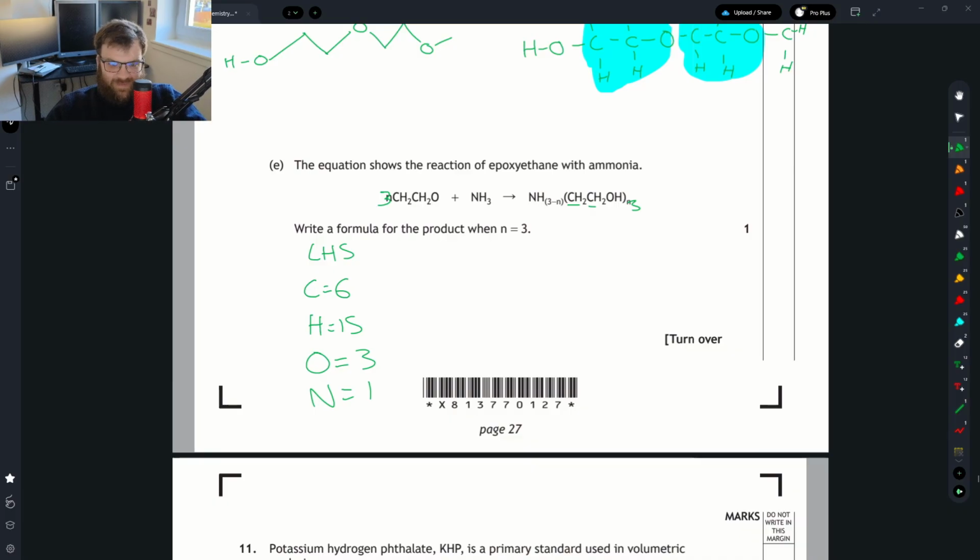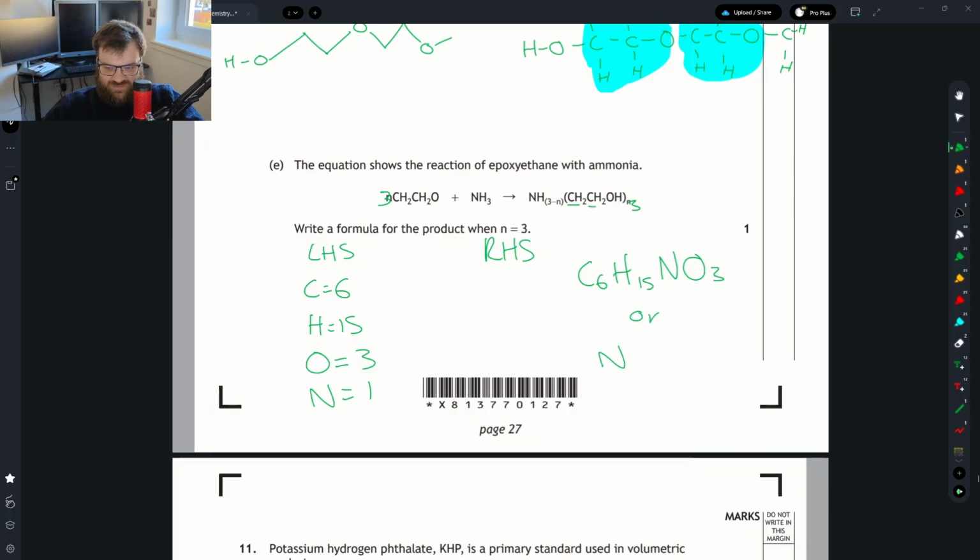Going off of the basic chemistry thing of left-hand side has to equal right-hand side, the only way this could work is if you had on the other side, on the right-hand side, C6H15, whatever way around you want to do it, but NO3 for that. Trying to fit it into what they've got, what would you end up with?